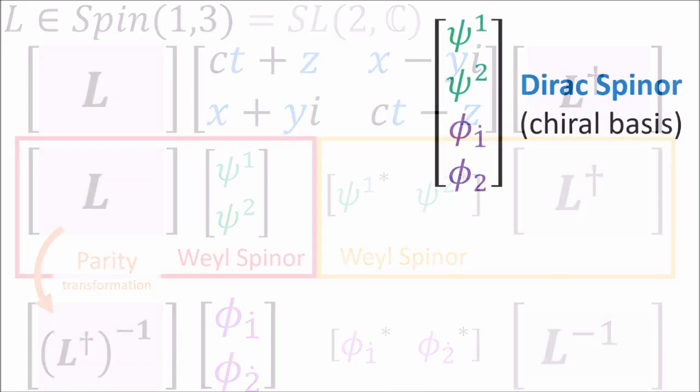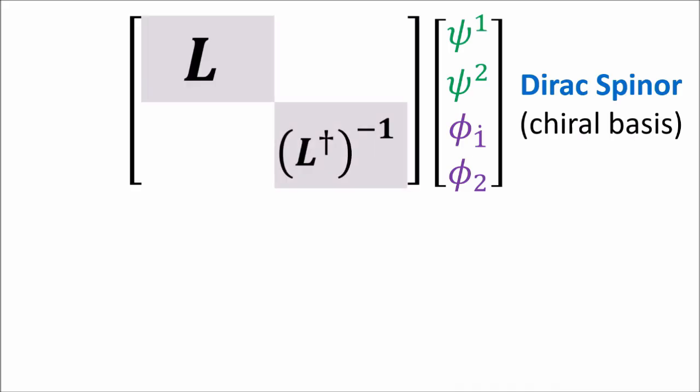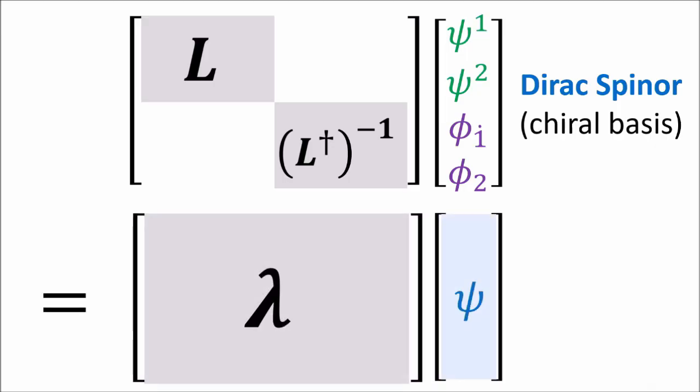A Dirac spinor is just a Weyl spinor and a parity flipped Weyl spinor stacked on top of each other, using the direct sum. So Dirac spinors transform with a block diagonal matrix containing L and L dagger inverse. This is exactly the lowercase lambda matrix we discussed earlier.